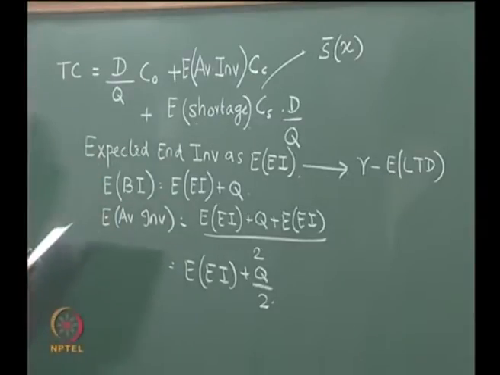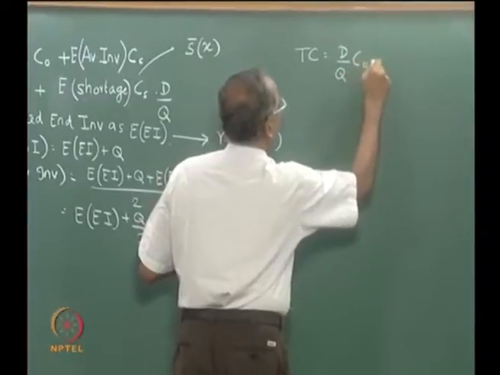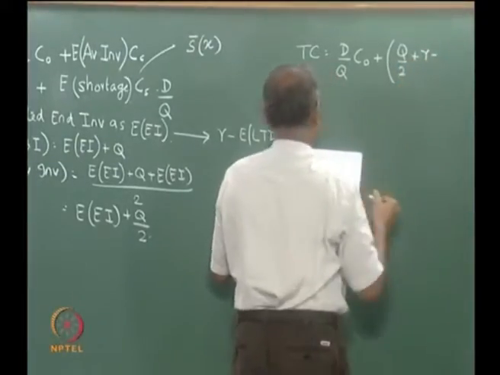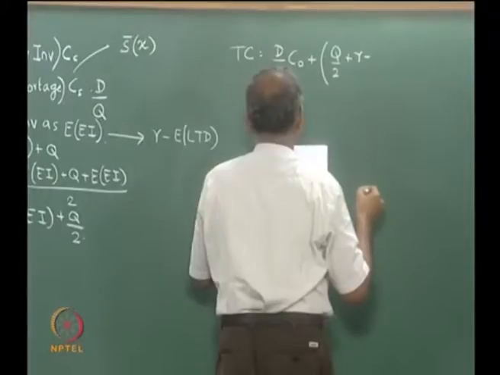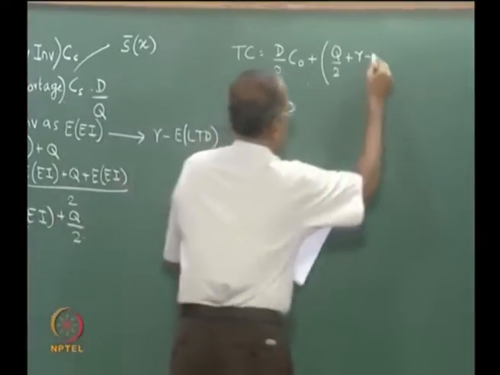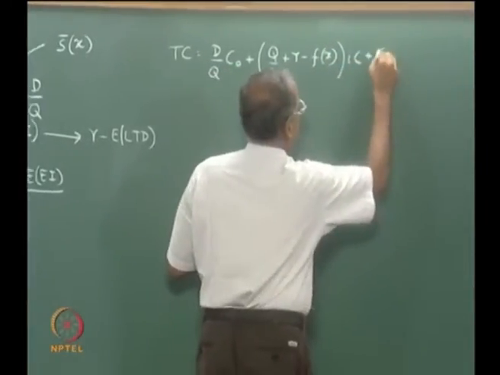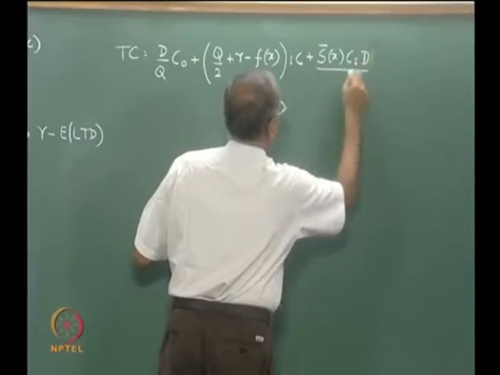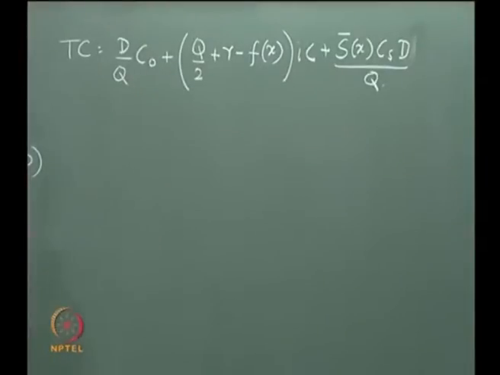So now, substituting in all of them, we would get TC equal to d by q C naught plus q by 2 plus r minus f of x, into I c, plus s bar of x C s into d by q.